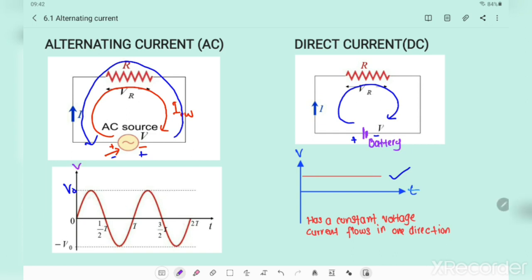Starting from 0, it will increase to the maximum voltage and return to 0, then change direction, increase to the maximum voltage and drop again to 0 in one complete cycle period. So we can conclude that for alternating current, the current always changes in magnitude and direction.